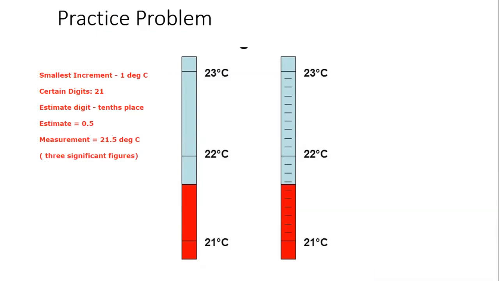Now if we look on the right side, our smallest increment is 0.1 degrees Celsius. So our certain digits are 21.6. Our estimated digit is the hundredths place.